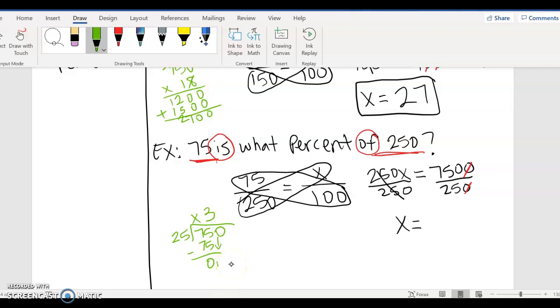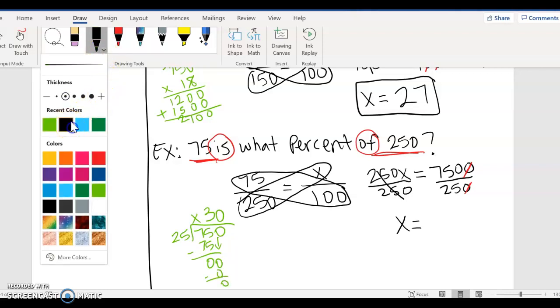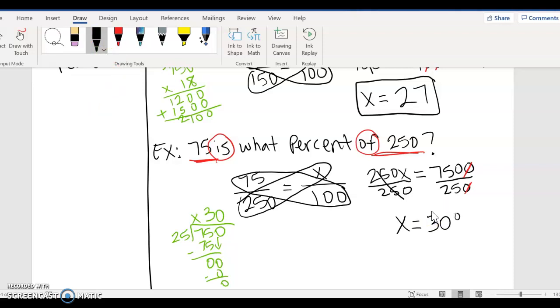We still have a 0 to bring down. 25 will not go into 0, and we're done. So for this problem, x is equal to 30%. Remember, our x was over here on top of 100, so that means we were solving for the percent, so we want to make sure to attach a percent sign in our final answer.